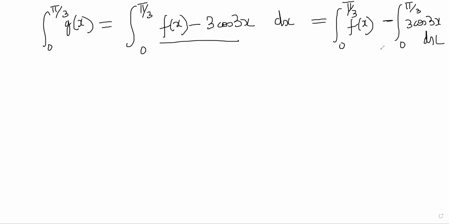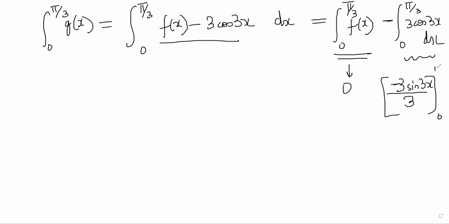Now the question itself has told us that this integral value is 0. So that is 0. Let's evaluate this one. So this becomes minus 3 sine 3x by 3 evaluated from 0 to pi by 3. And you will realize that this integral is also coming out to be 0. Sine 3 into pi by 3 is sine pi, which is 0, and sine 0 is 0. So basically we come to know that the integral from 0 to pi by 3 of g of x dx is equal to 0.